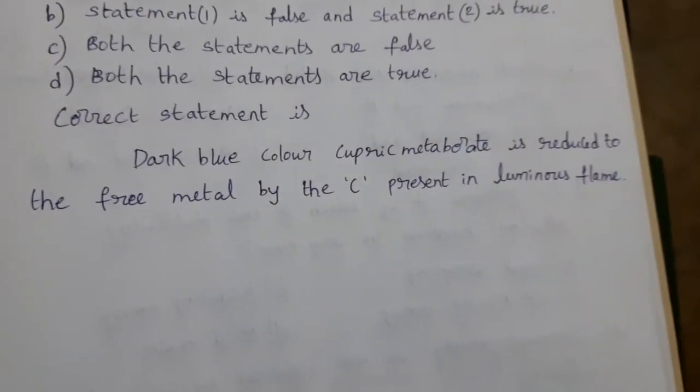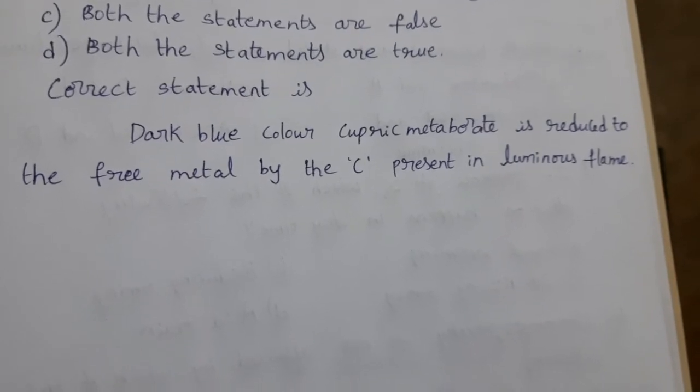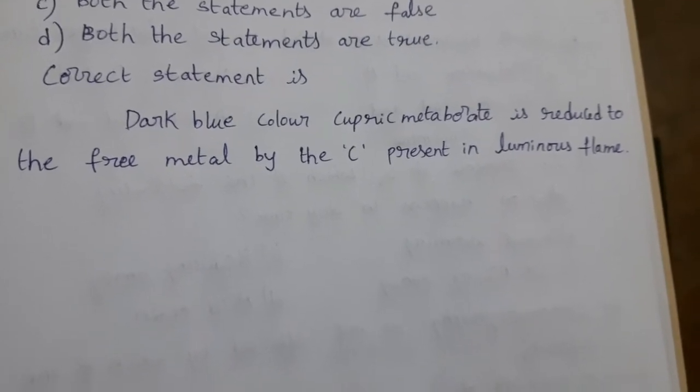Dark blue color cupric metaborate is reduced to the free metal by the carbon present in the luminous flame.